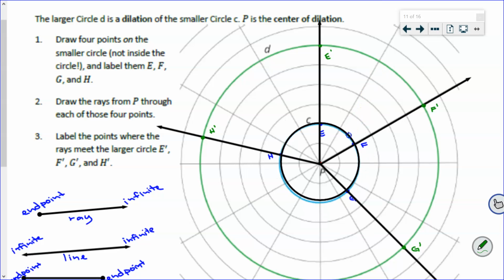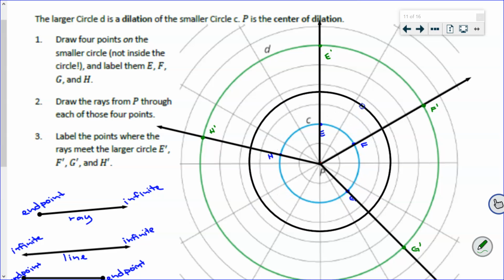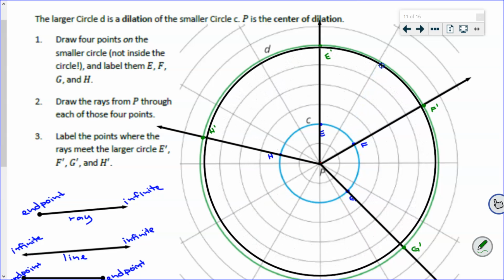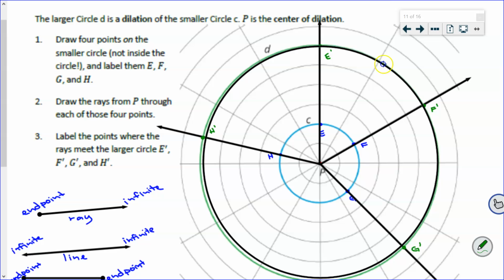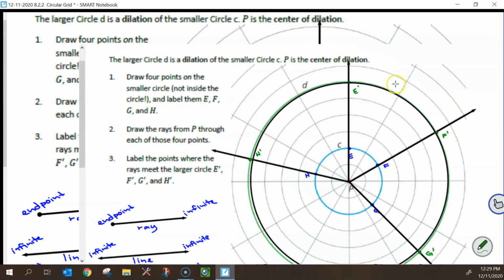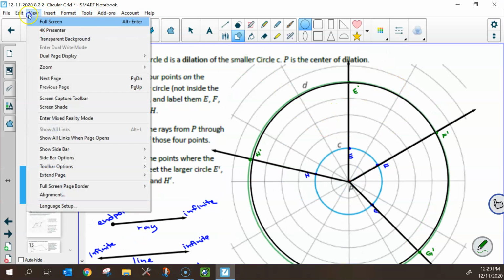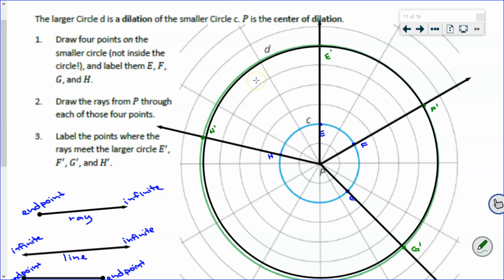Look at where E is. When it's dilated, where does E go to? All the way up there. And that's what we have done, is we have just taken and figured out where each of the points on the original circle ends up in that dilation.